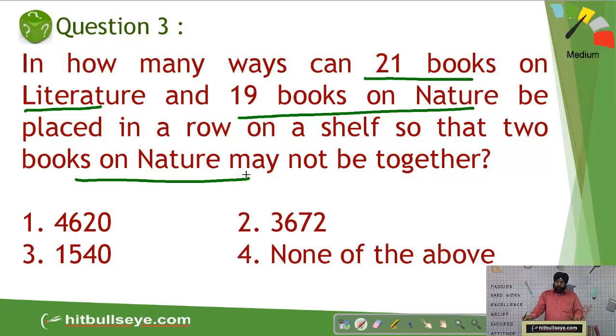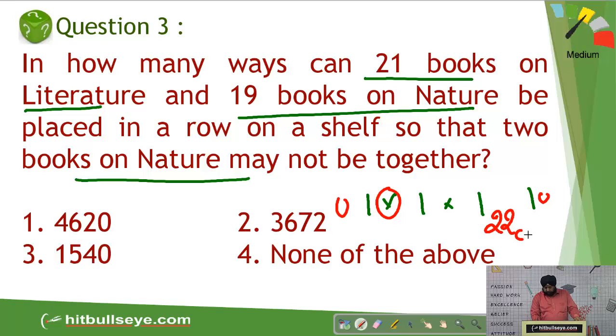In this, what we will do is place the 21 books on literature first, and the 19 books somewhere between them. So there will be 22 places. We have to put these 19 books in 22 places. These can be placed in 22C19 ways.